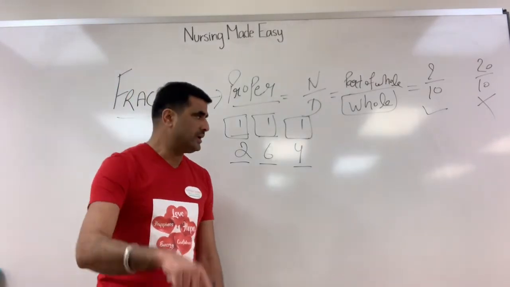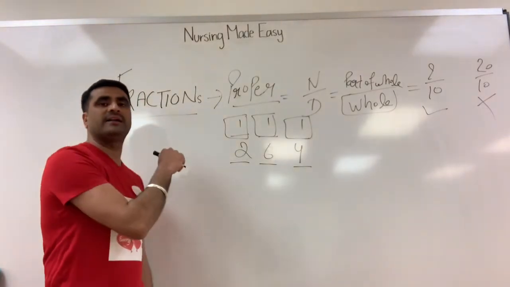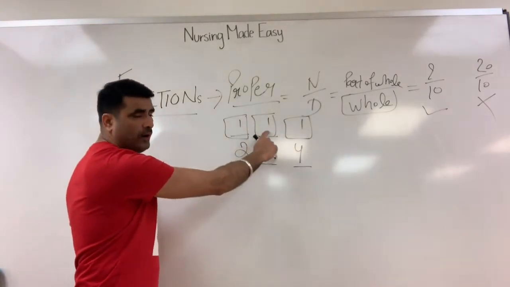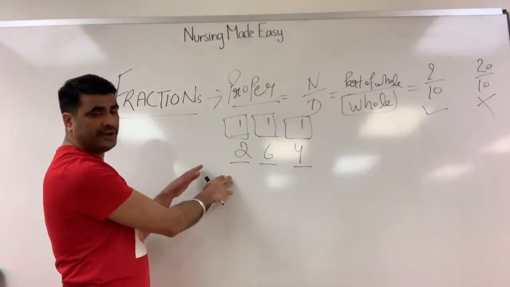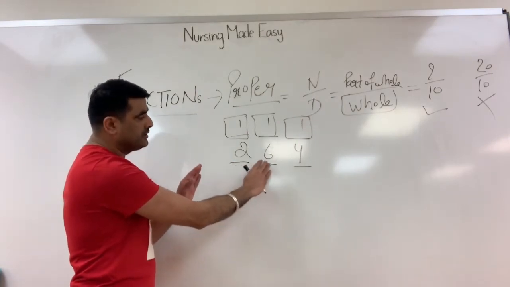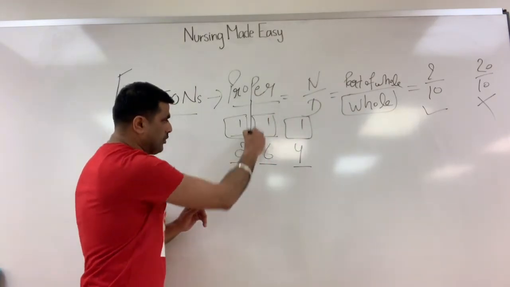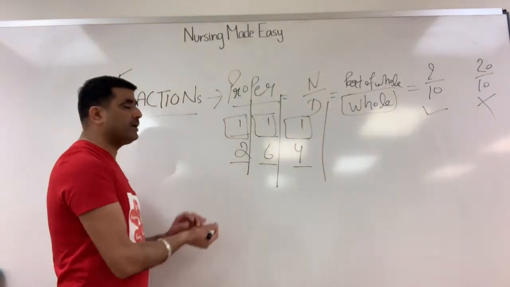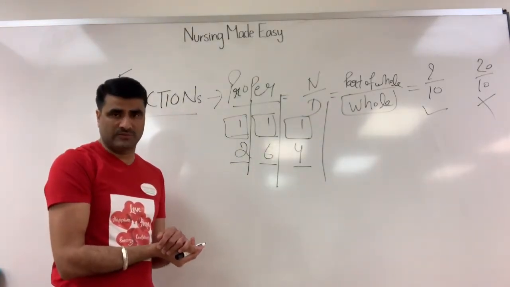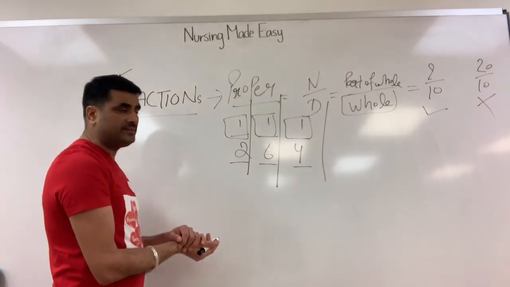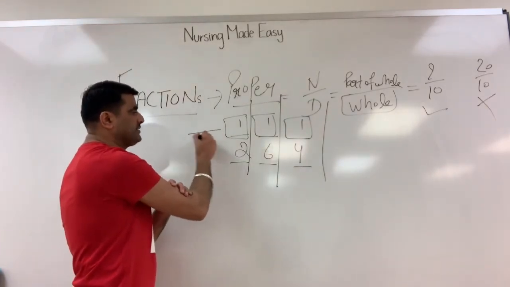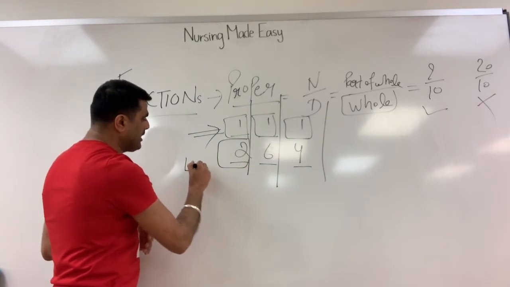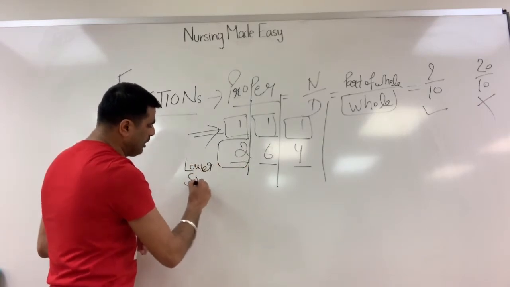So write it down. If numerators are the same or equal, in this example 1, 1, 1, and they have different denominators such as 2, 6 and 4, so they have 1 by 2, 1 by 6, 1 by 4, which one has a higher fraction value?